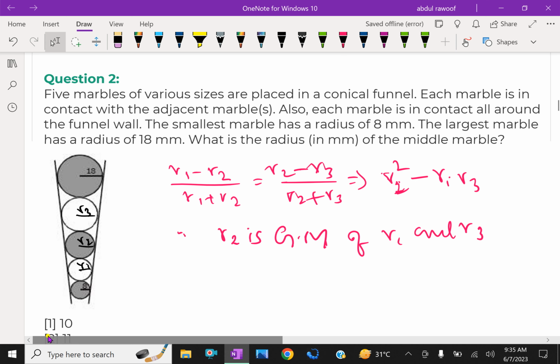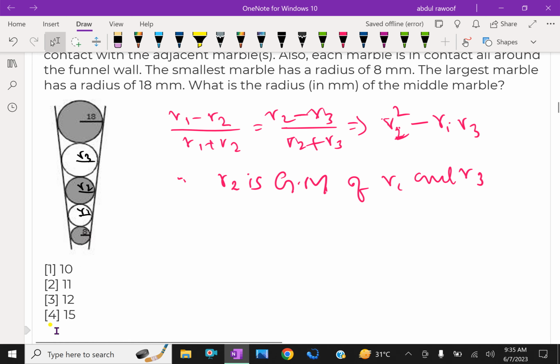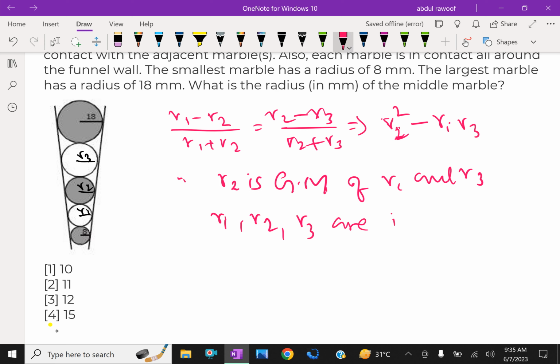Therefore, we can say R1, R2, R3 are in geometric progression.